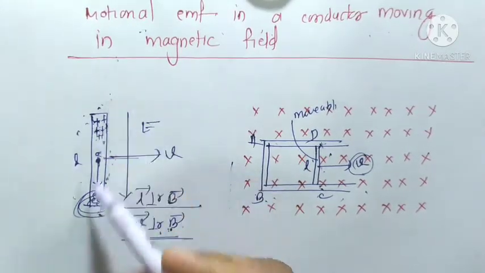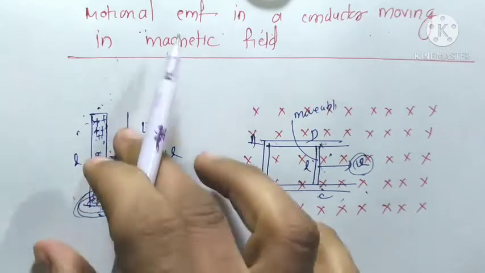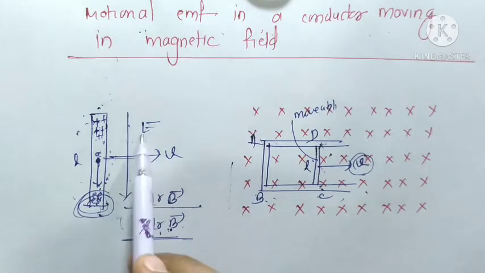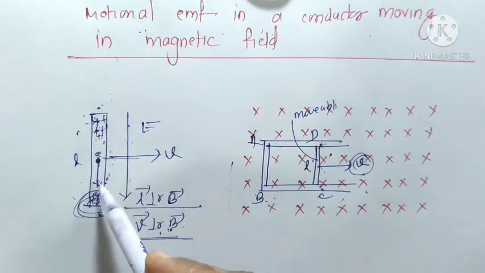When the ends with different charges build up, an electrostatic force is developed between the ends of this conducting rod.